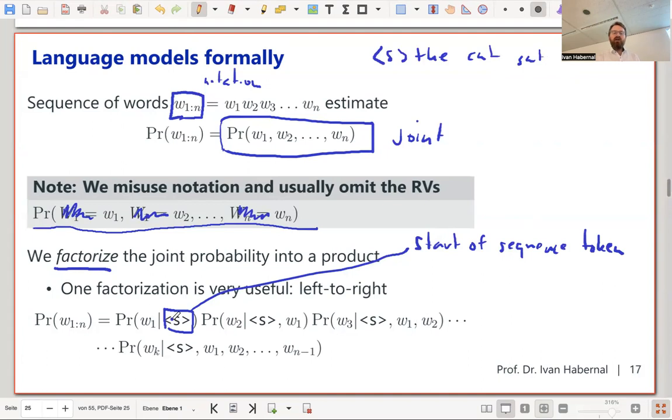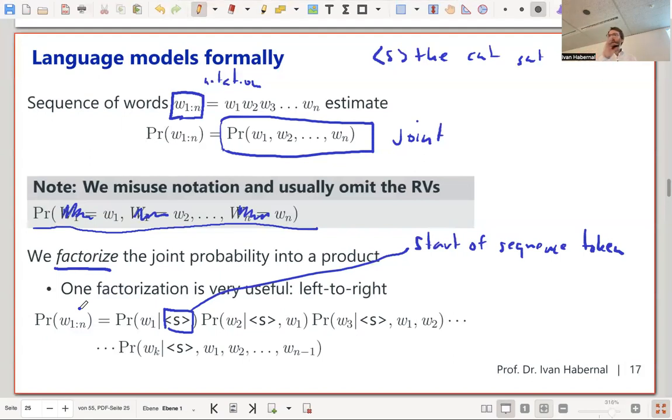So this is saying, what is the probability of seeing the first word given the start of the sequence, times the probability of seeing the second word given the start and the first word, seeing the third word given the previous context, and so on. And this is an equality. Obviously, if you multiply these together, by the definition of conditional probability, you get the full joint. Okay? Everybody's with me? Any questions?